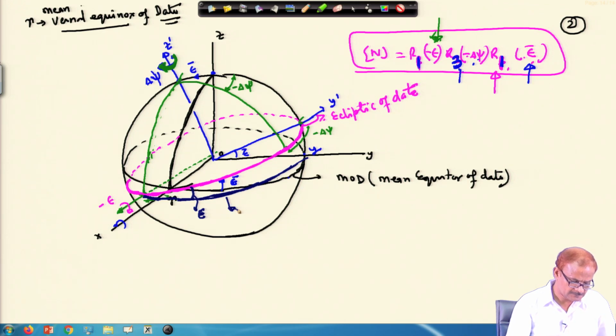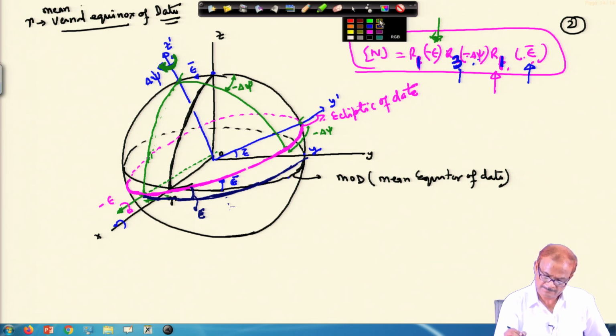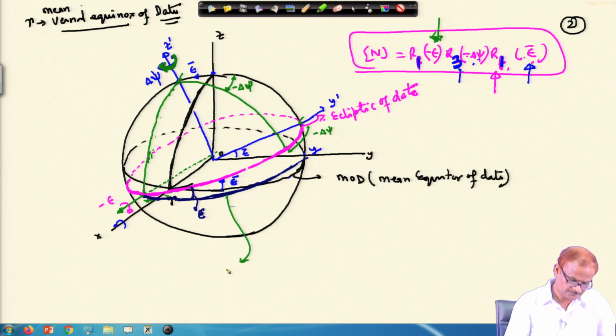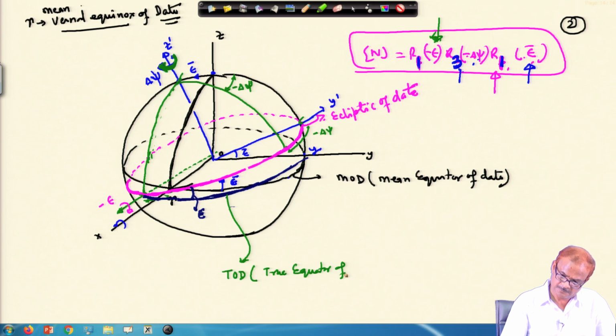And this we call as, so we have the mean equator of date, and then it went here and then it came down to this place. This is called the true equator of date.